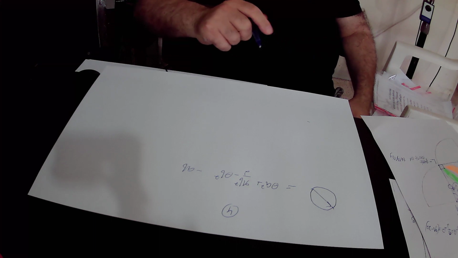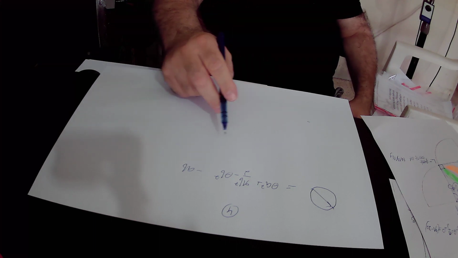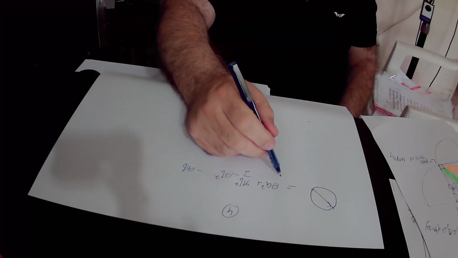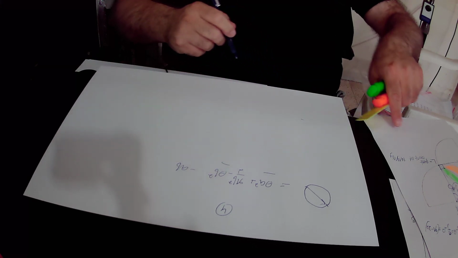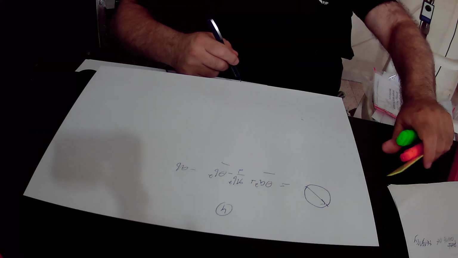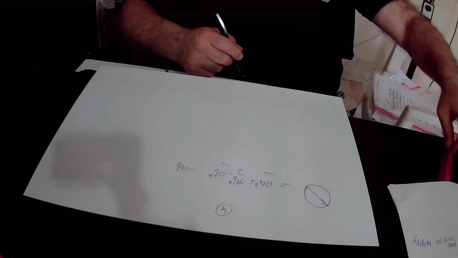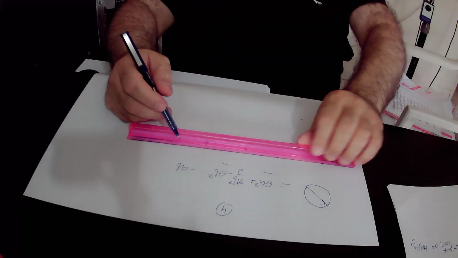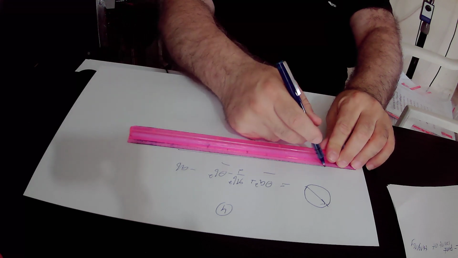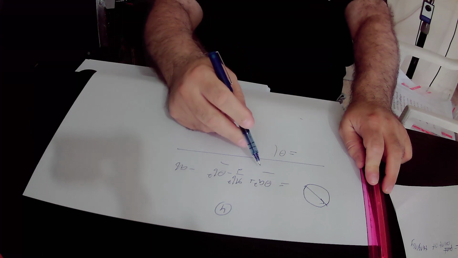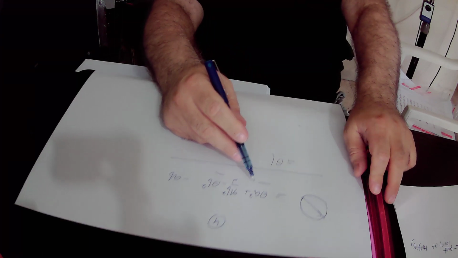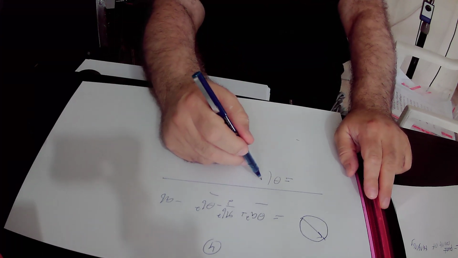So here we take theta as a common factor of those two expressions. What is left from the first expression after we took theta as a common factor? What is left is actually a squared.